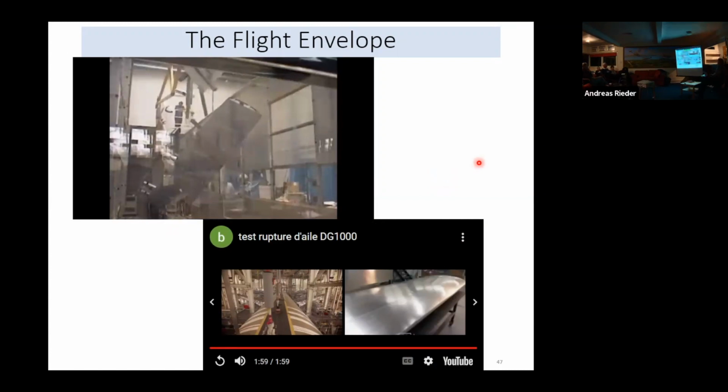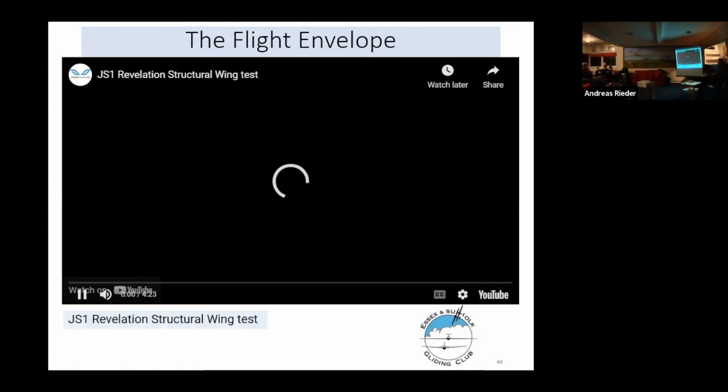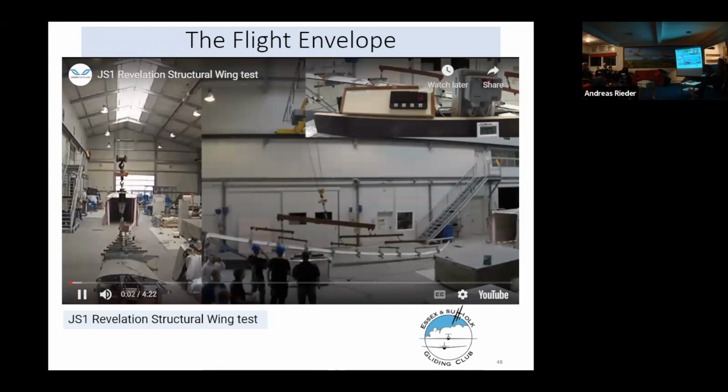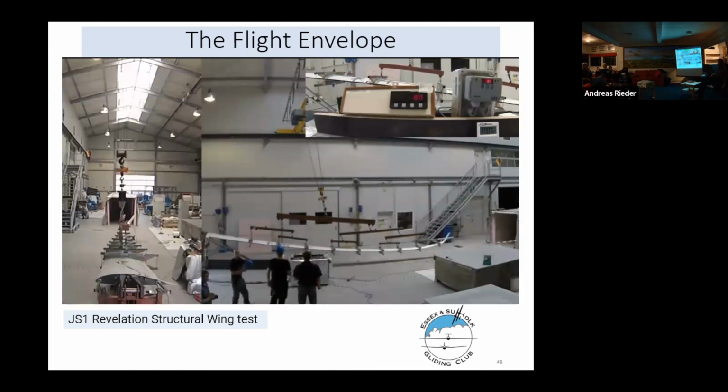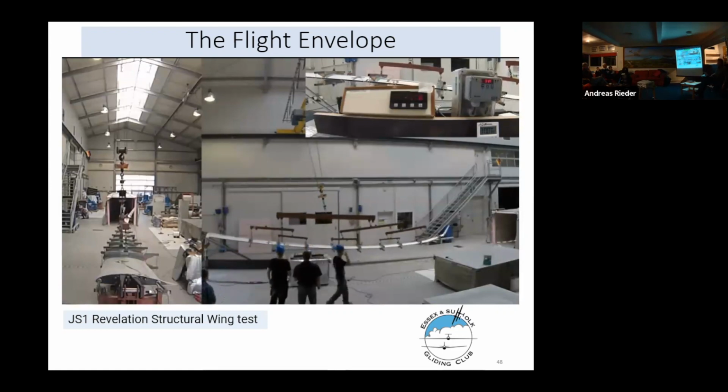If we had time, I could go through this one, which is exactly the same structural wing test for the JS1 Revelation. This is actually quite good because it shows you the view of the loads.